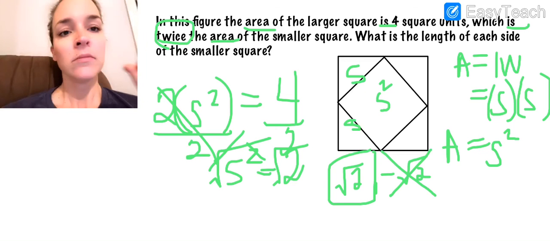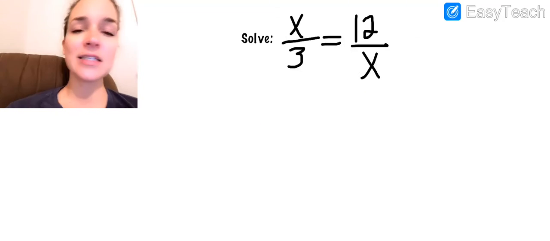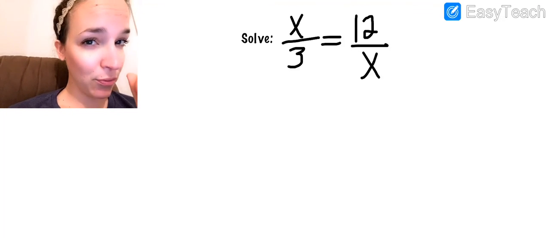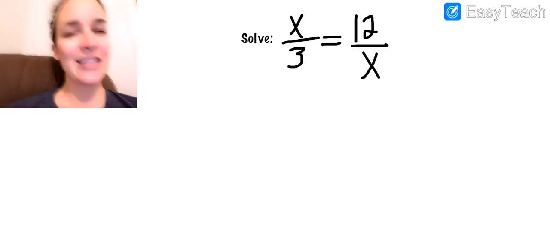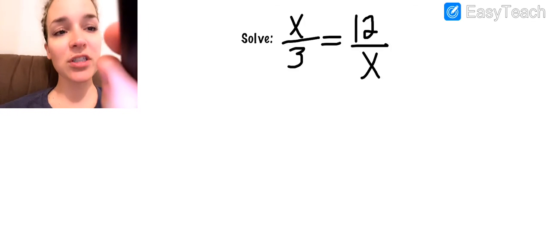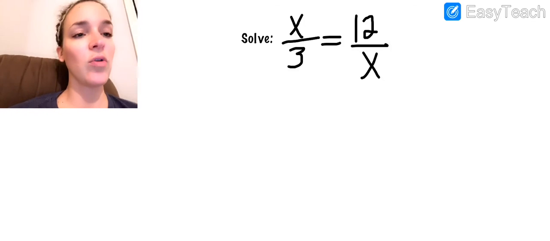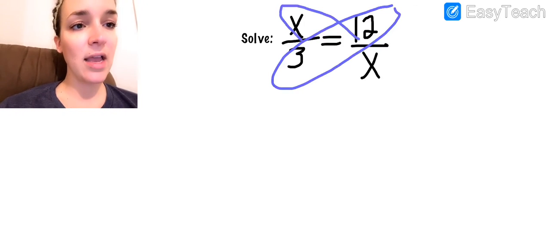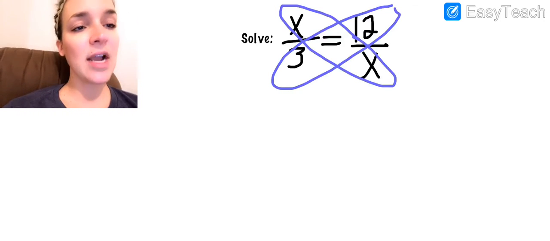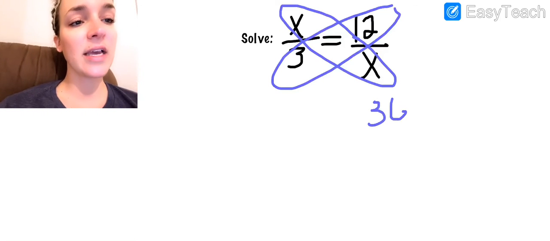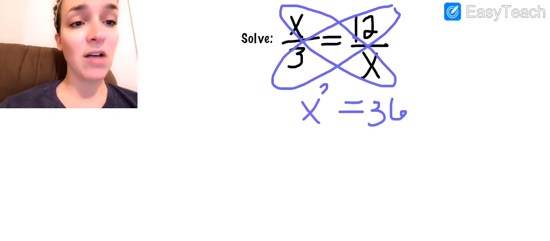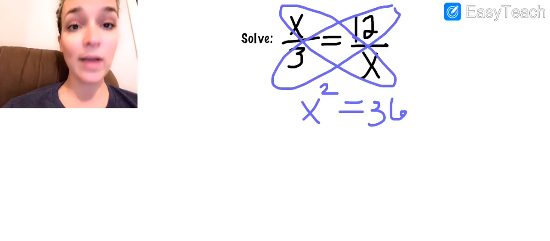Last one. So now we've got, this is our P word. It is a proportion. Very good. So with our proportion, we are solving for X again also. With a proportion, we always cross multiply. Okay, so 3 times 12 is 36. X times X is X times itself, so that could be written as X squared.